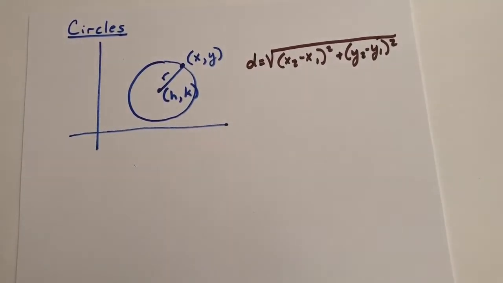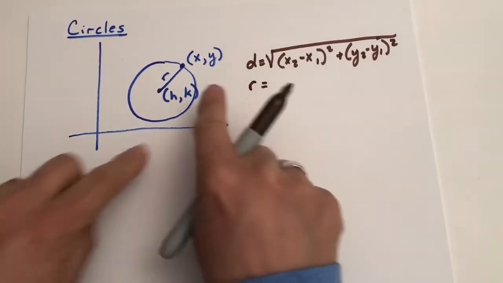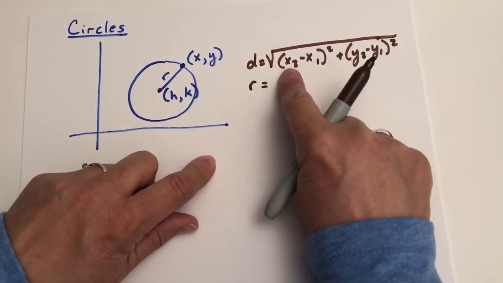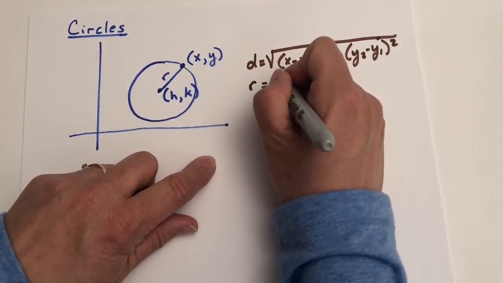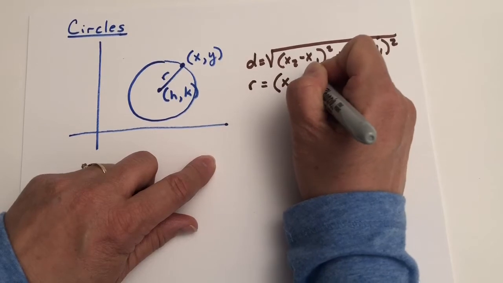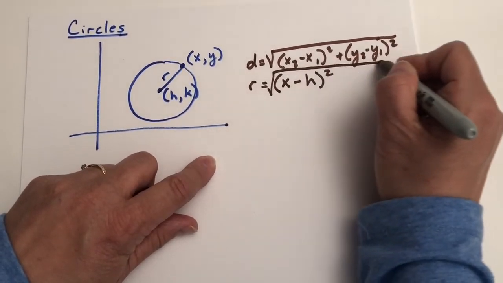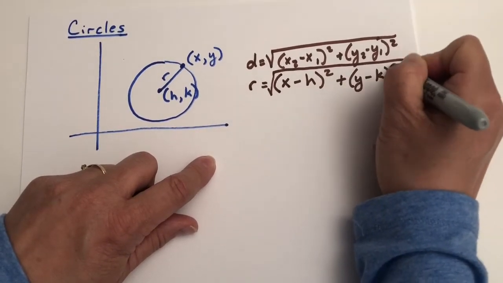We can just use that for this particular problem, substituting in r for the distance and substituting in the points (h, k) and (x, y) for the points (x1, y1) and (x2, y2). So we have x minus h squared underneath this radical sign plus y minus k squared.